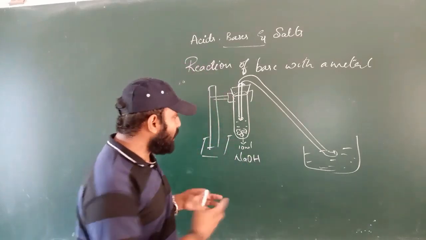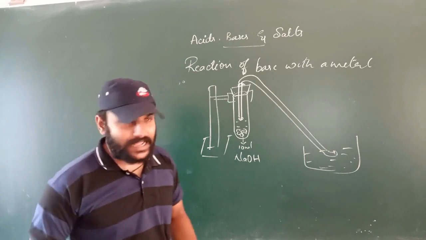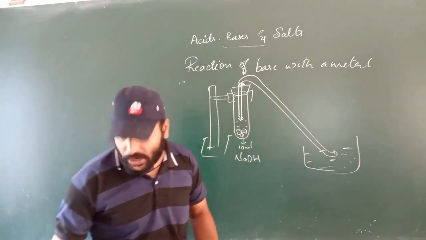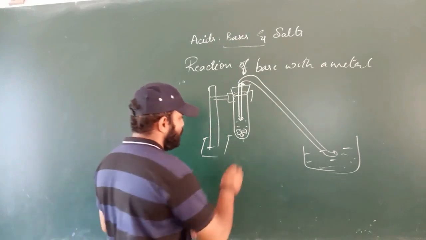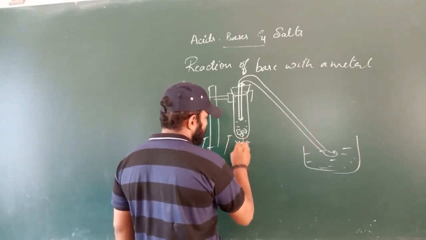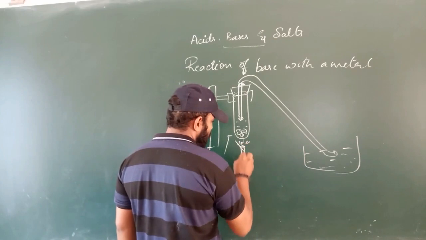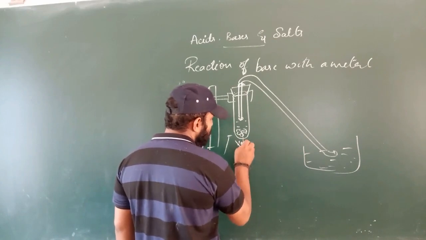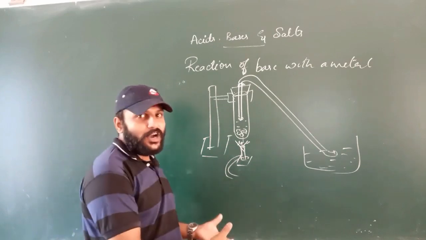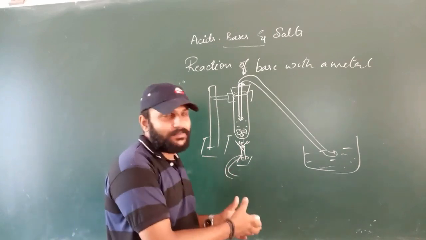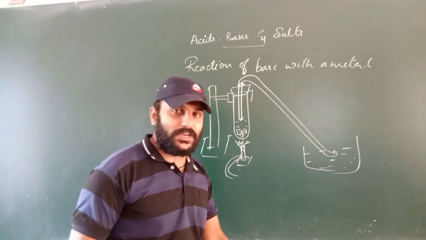Here also, to get the reaction to take place between the base and the zinc granules, I will heat the test tube with a Bunsen burner. For what purpose am I heating it? To form a reaction between the base and the metal.